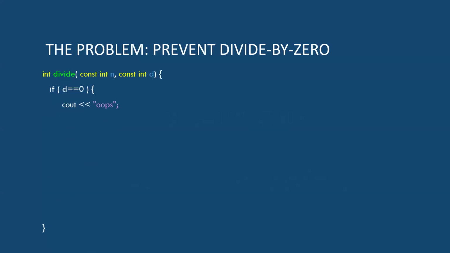Now there's more than one way to do this, but if we're inside of a function like this and somebody gives us a denominator that's 0, we can print oops, but we should know as C++ developers now that there's no escaping returning an integer. If you don't return an integer, you destabilize your code, probably get a compiler warning or error, and it's a bad situation.